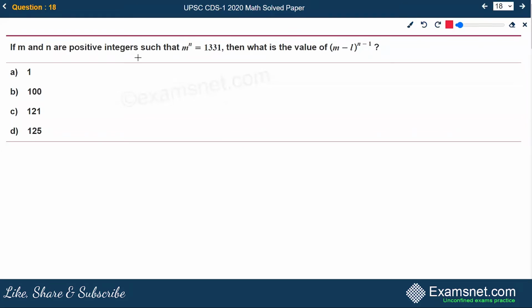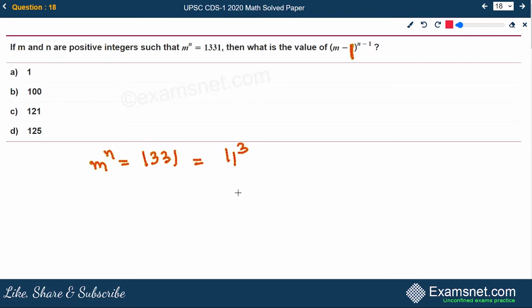In question number 18, we are given: if m and n are positive integers such that m to the power n equals 1331, then what is the value of (m minus 1) whole to the power n minus 1? Okay, it is not l, it should be 1. Now, since we are given m to the power n equals 1331, this can be written as 11 cube.